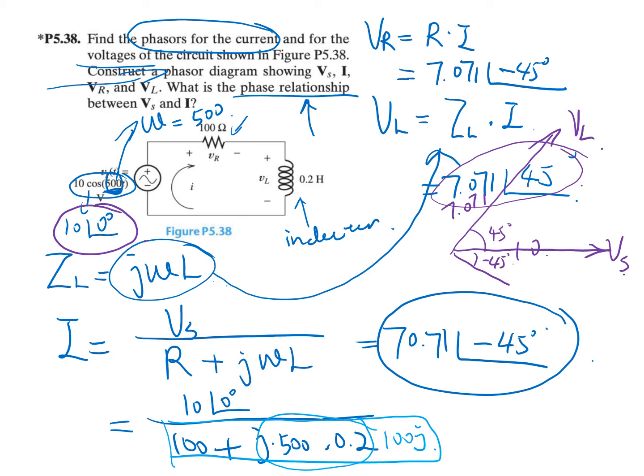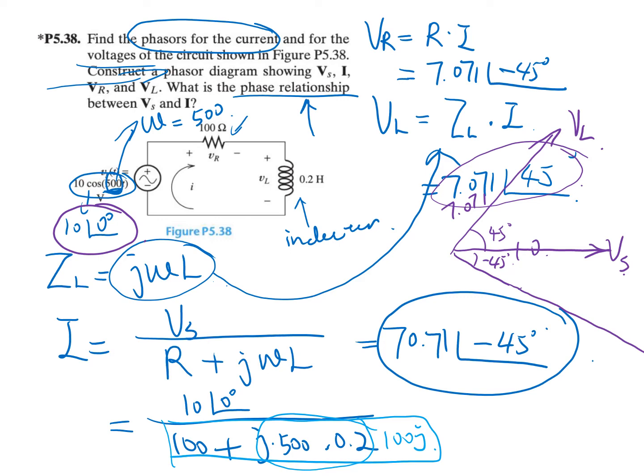Because its value is 70.71, it should be 10 times longer than VL. Because of the limited space, I'm not going to be able to draw it here.